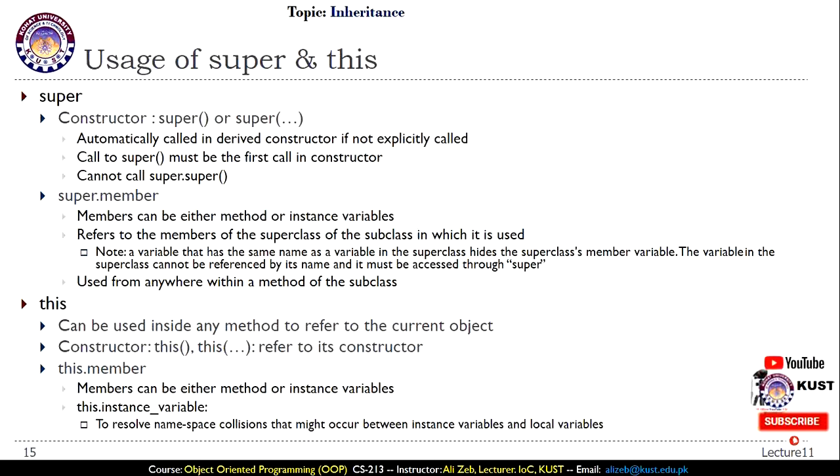For example, if we have two variables with exactly the same name, we have seen that local variables, which are the variables defined inside methods, usually take precedence over our instance variables. So in that case, if we want to differentiate between the two kinds of variables, we can use the this keyword with the instance variables, and this will refer to the variables of the current class that we are in.